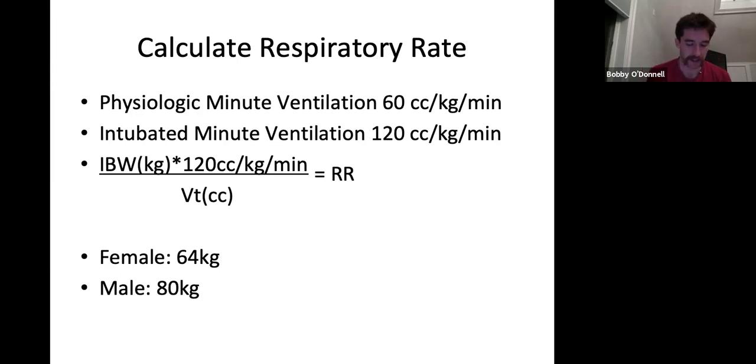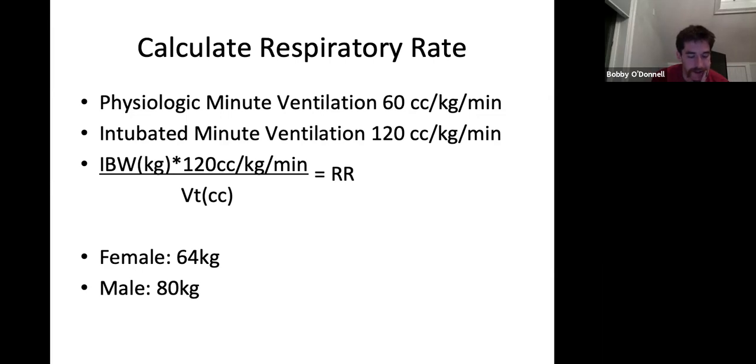And we'll say for the female, we'll do it off of their tidal volume of 7 cc's per kg. So if we're walking through it, we're doing 64 times 120, so we get that number.